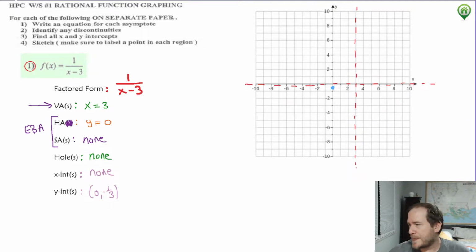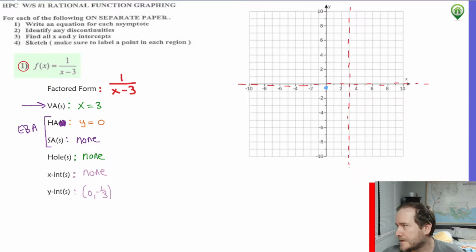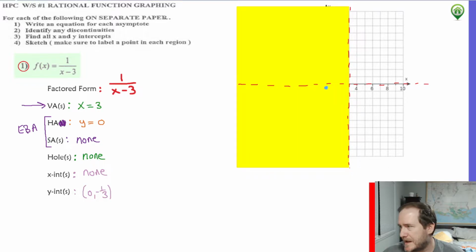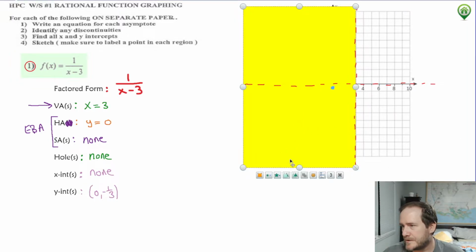Okay, well now, I think we talked in class about how you want to test intervals now. For example, there's an interval to the left of the asymptote.